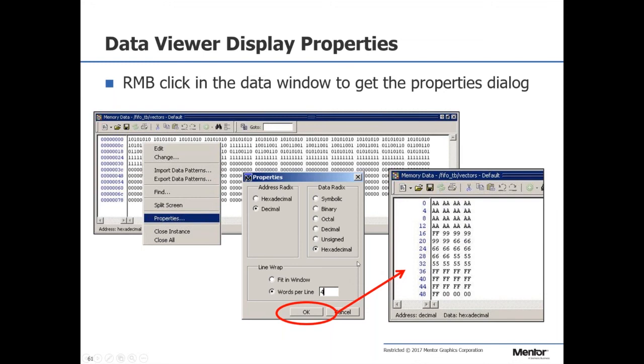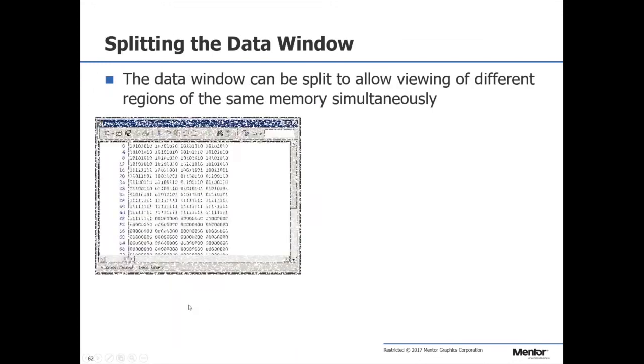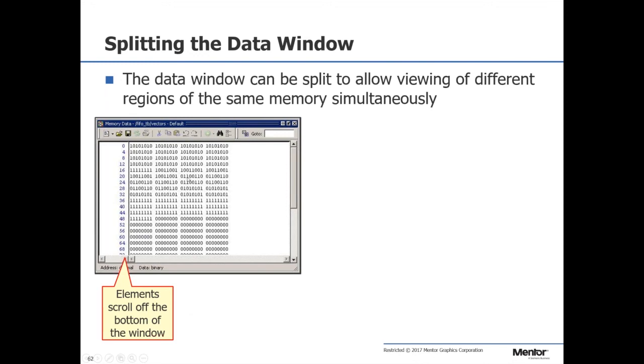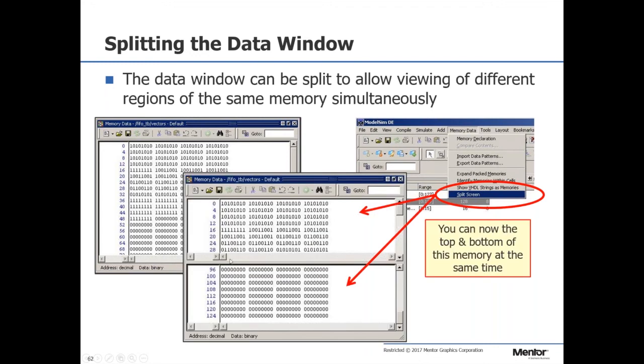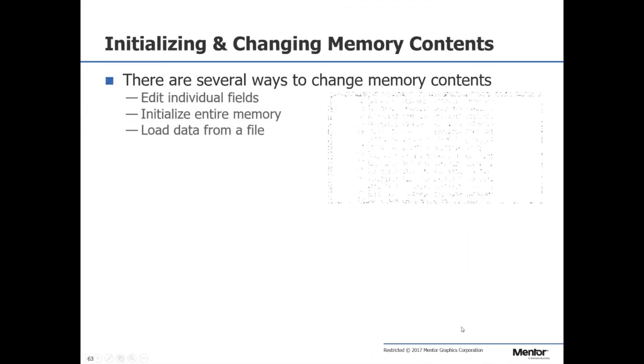Maybe that's the way I wanted to look at this memory. I can also split the view and show 2 different address ranges, with 2 different independent scrolls.